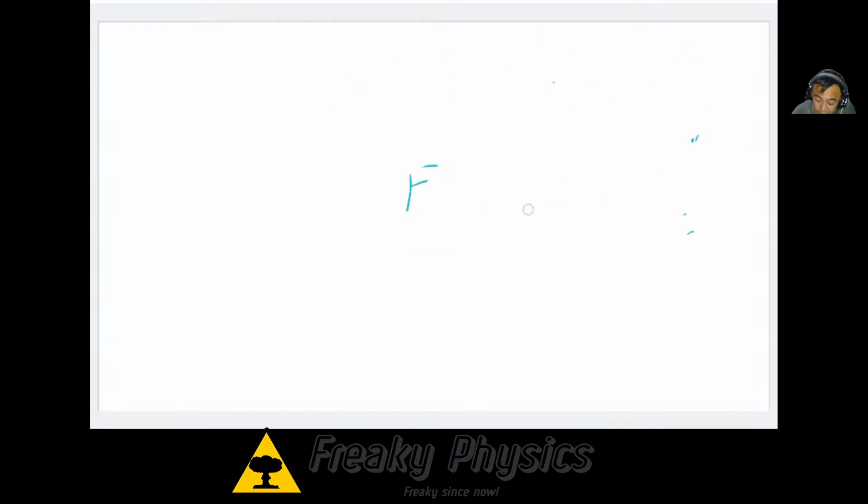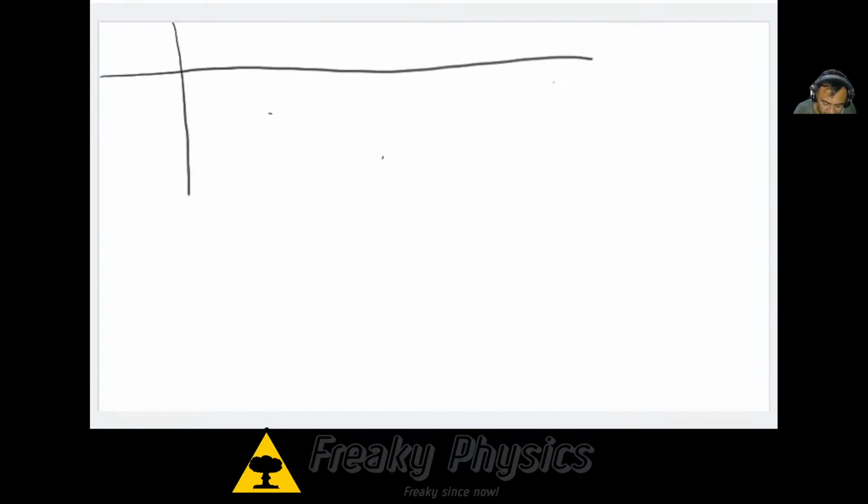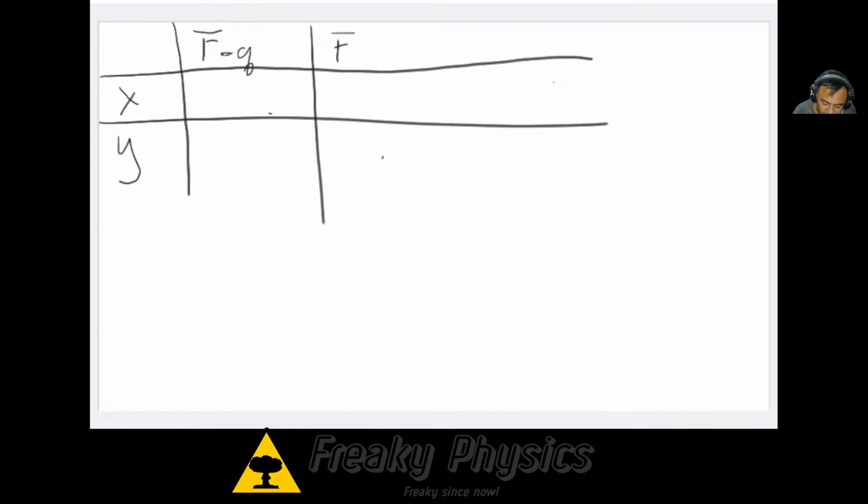Now, I'm going to show you a trick. This works for any problem wherein you have to resolve forces. The trick I always teach my kids is this. You always make your table, and then let's put X and Y here. How many forces do we have in this problem? We have two. We have the force from negative Q, and then we have the force from 2Q.